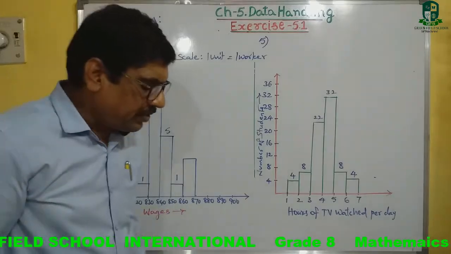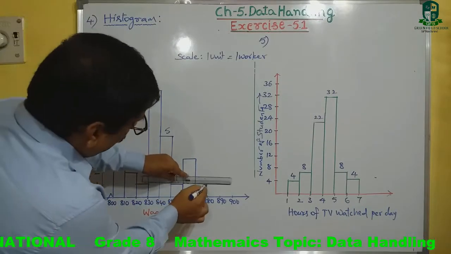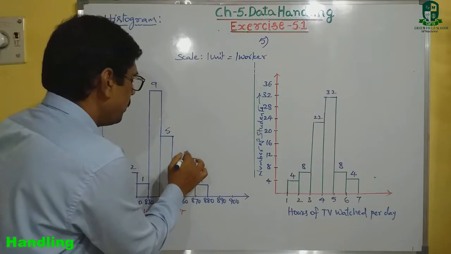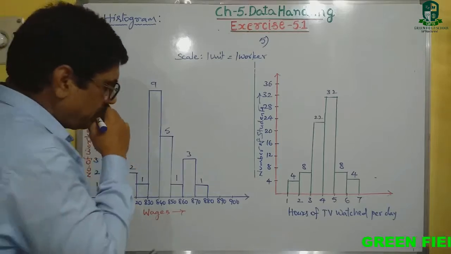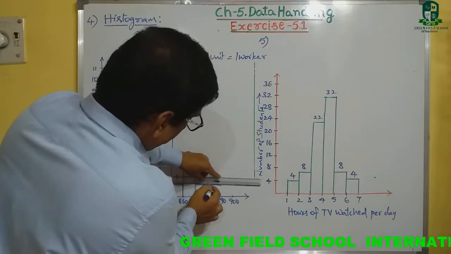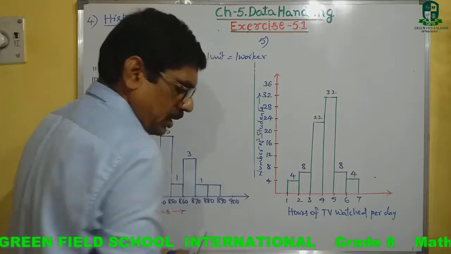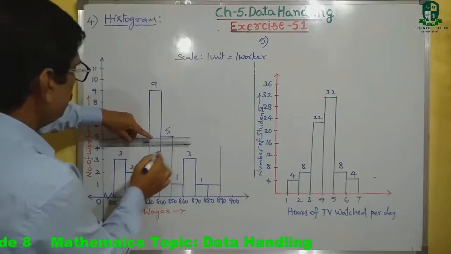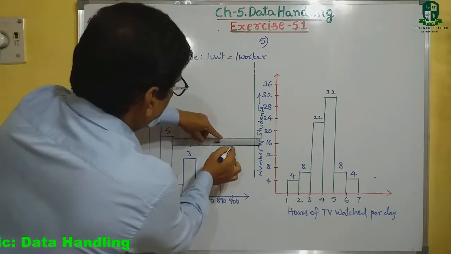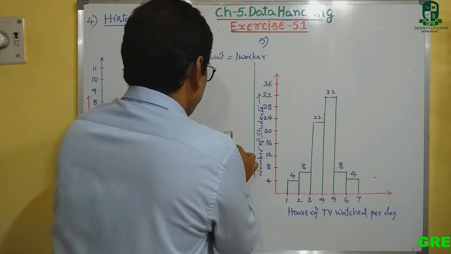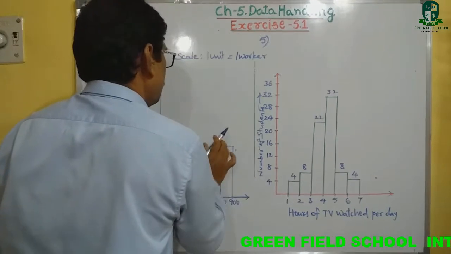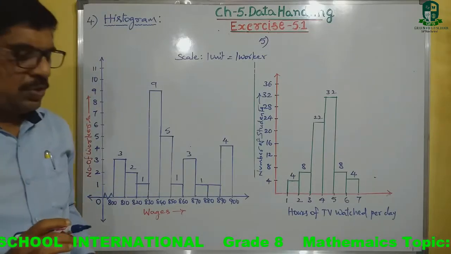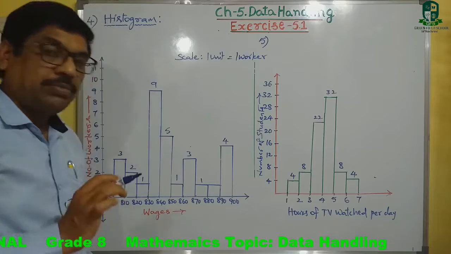Now 870 to 880 is 1 unit, so we draw the bar up to the height of 1 unit. The next, 880 to 890, is also 1 unit. And the last frequency is 4 units, so up to the height of 4 units we have to draw. This is the histogram for the data of the third problem.